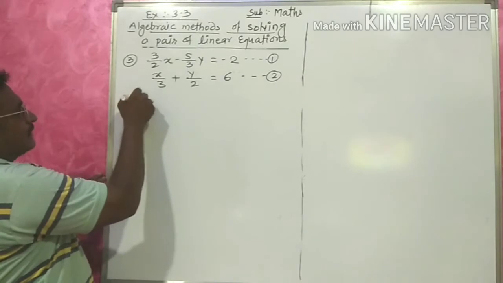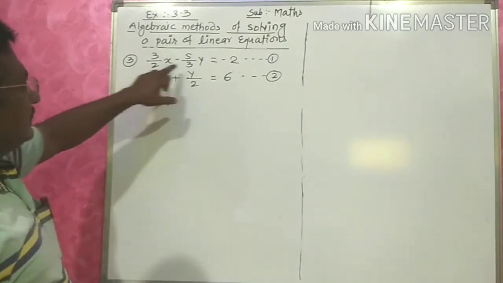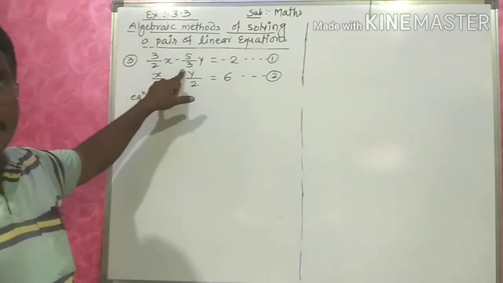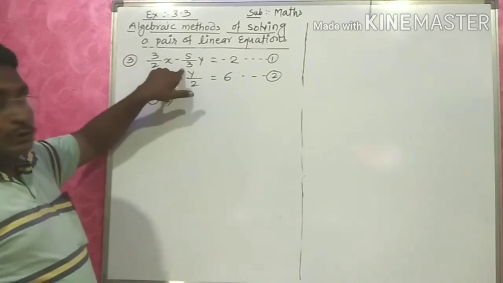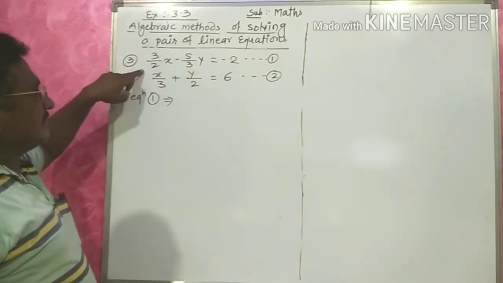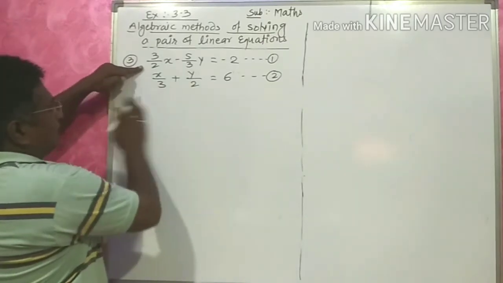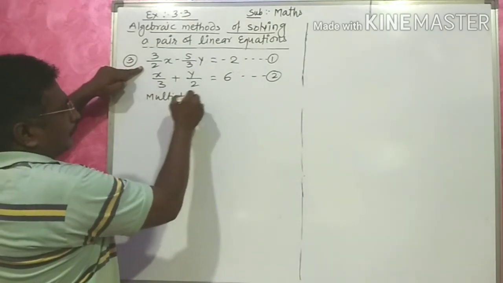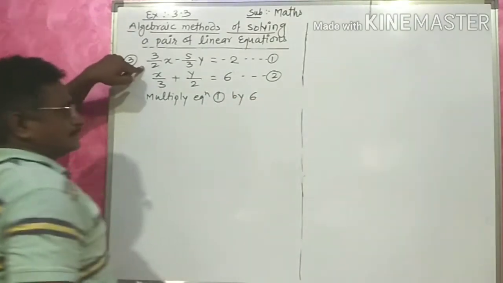See, equation 1 becomes. So what are the denominators? 2 and 3. So the LCM of the denominators, what is it? 6. So multiply this equation by 6. So multiply equation 1 by 6.